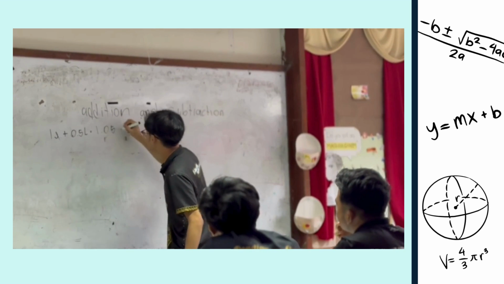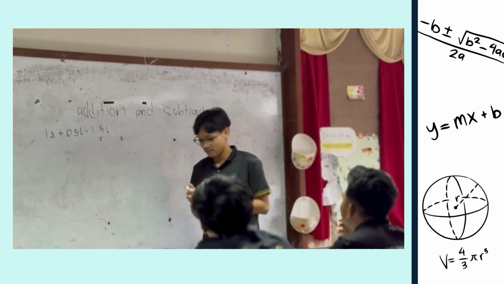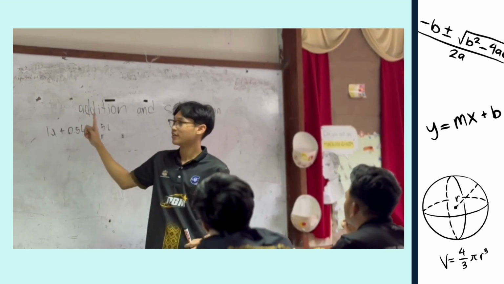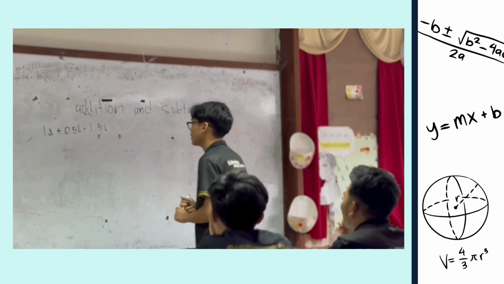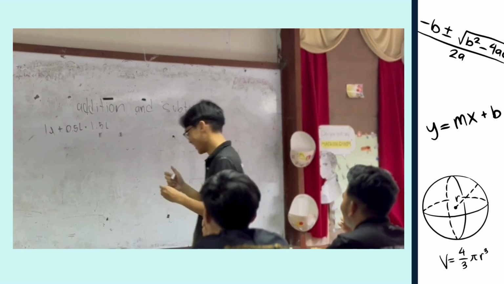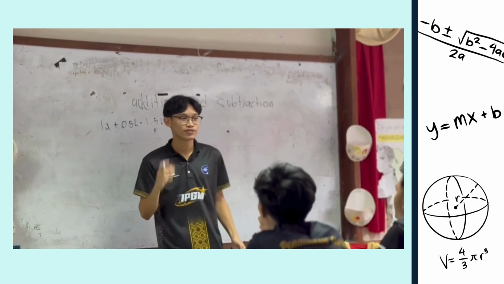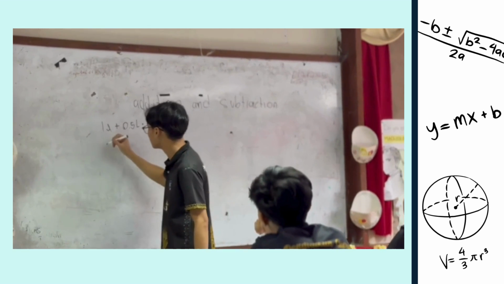The answer is 1.5 liter. But how do we turn this into a decimal or fraction? I give you an example and I show you how to complete the question.